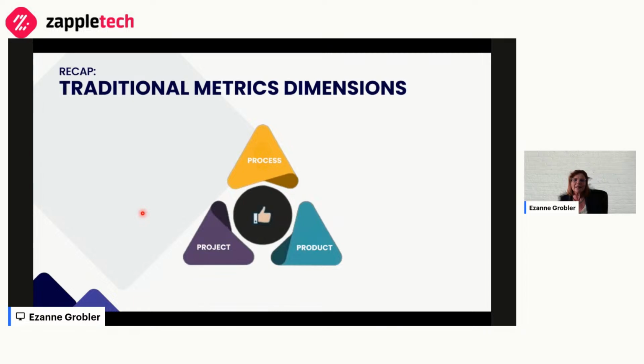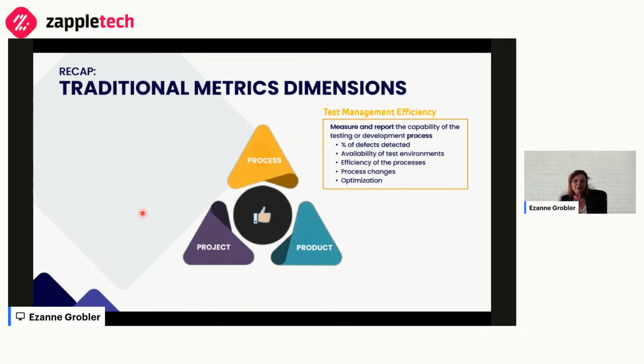So let's recap. Typical ISTQB 101 or ISTQB Foundation tells us the story about testing metrics. You've got process metrics. Post-process metrics align a little bit and give you more insight in terms of test management efficiency. It tells you about the defects detected, the availability of your test environment, the efficiency of the test processes, and so forth.